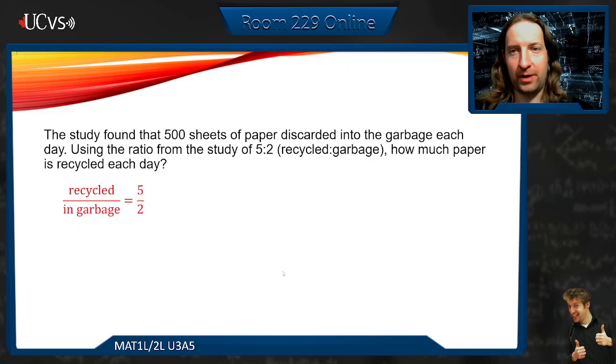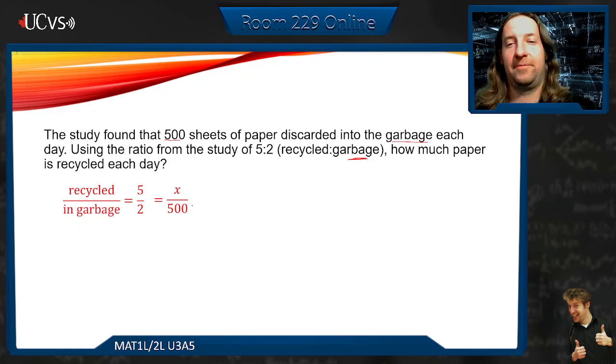Garbage is on the bottom, so I'm going to have to then put 500 in the bottom. 2 represented garbage in our ratio, and we know that there was 500 in the garbage. So we have to put 500 in the garbage row. The top row is the recycling row, and we don't know that yet. So here we've got 500 in the bottom. So now we have this nice proportion.